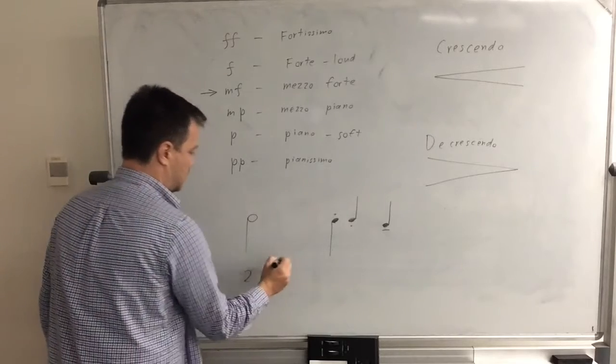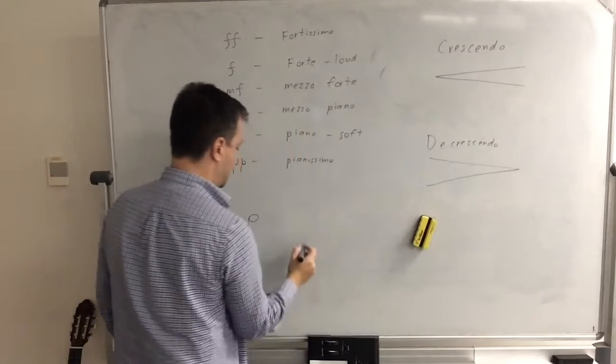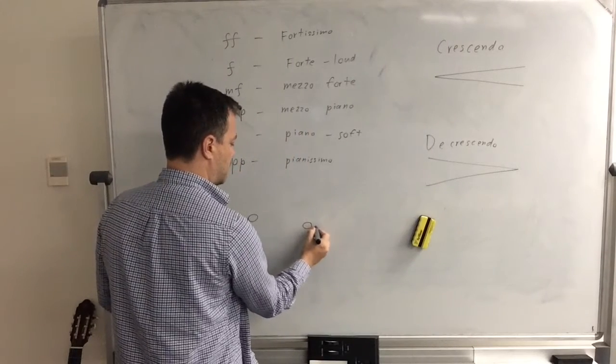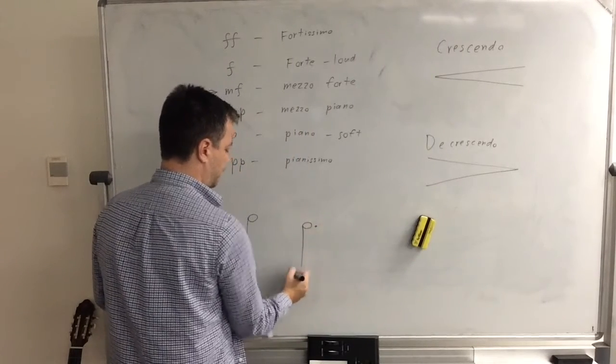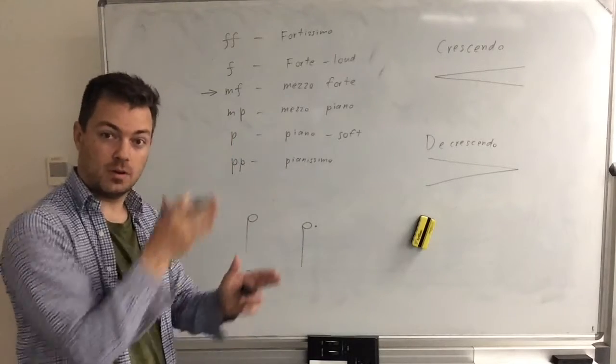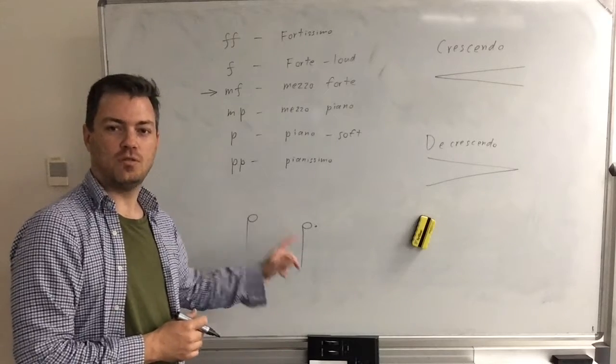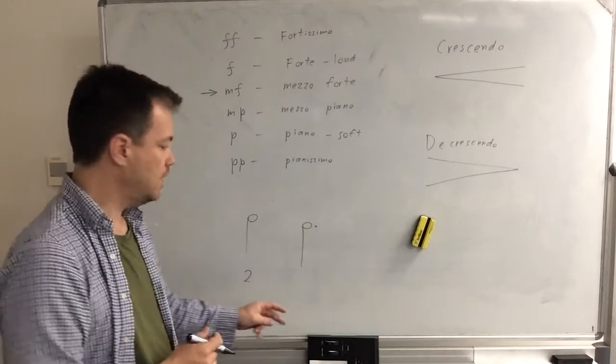But what happens, I'm just going to rub those out. What happens if we put a dot after the note? Okay, so we spoke about a dot directly in line above or below the note. This one is next to it. It changes the value of the note, okay?